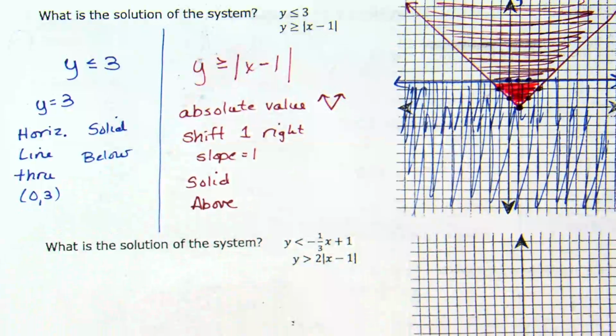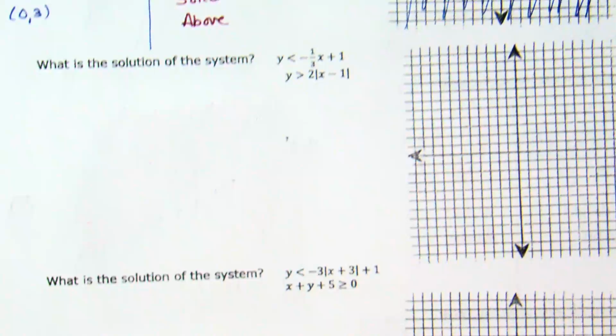So, okay, I want to look at one more. Let's go down and look at the bottom one. Is that okay? I am looking at it because it is kind of the scarier one. So let's go down and look at this bottom graph here.